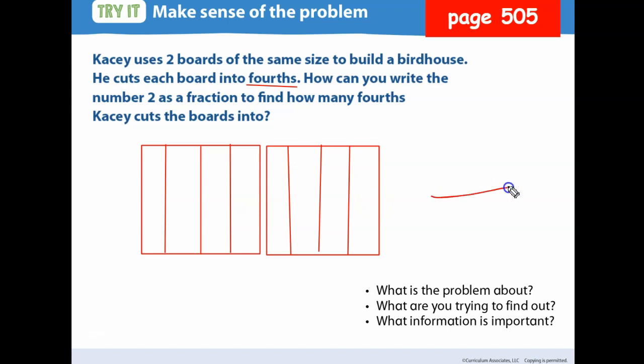Well, if it's fourths, that's my denominator, right? So how many sections are there altogether? 8. Look: 1, 2, 3, 4, 5, 6, 7, 8. So 8 fourths is equal to 2 wholes. That's how you find how many fourths are in the number 2.